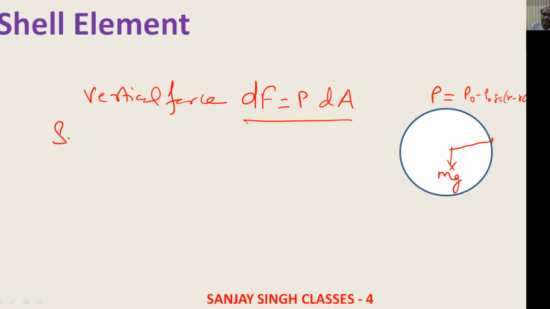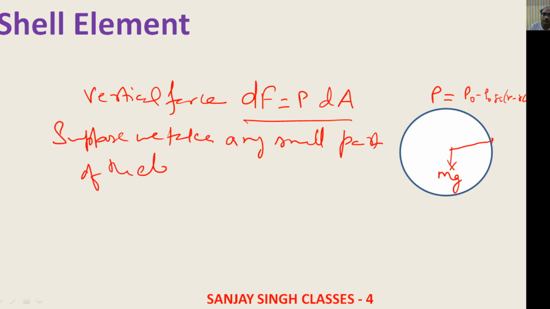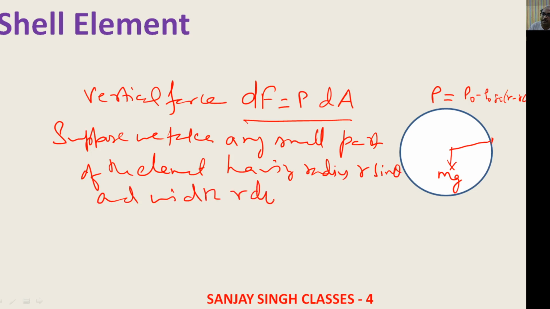So suppose we take any small part of the element having radius r sin theta and width r d theta. So we have taken any small part of the ring element, just like a ring on a sphere, having its radius as r sin theta and width r d theta.